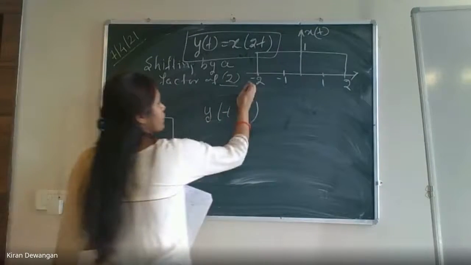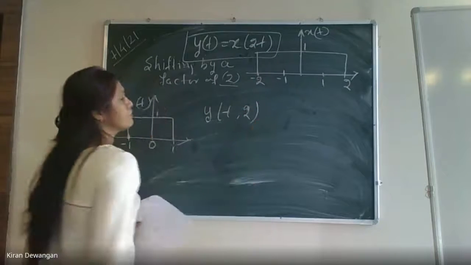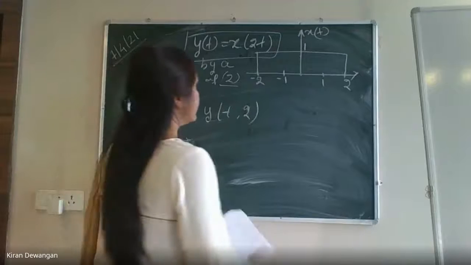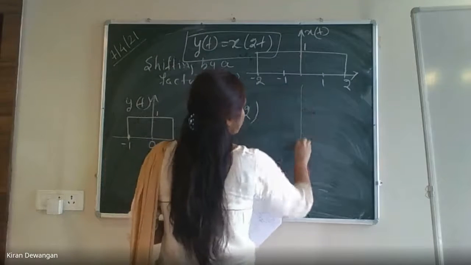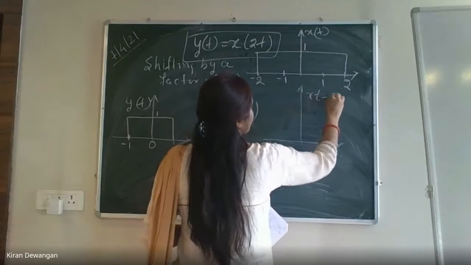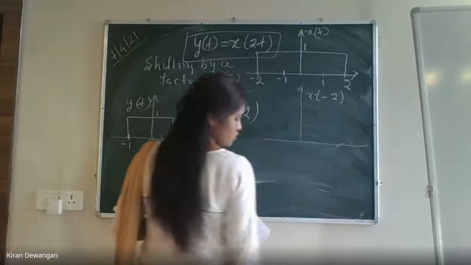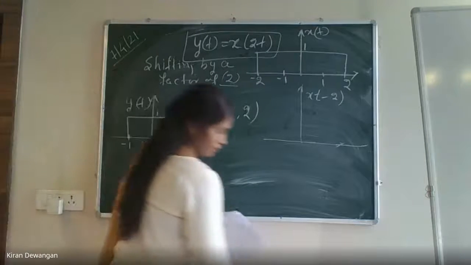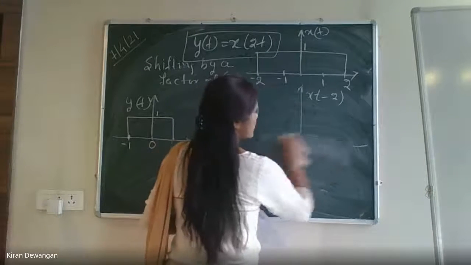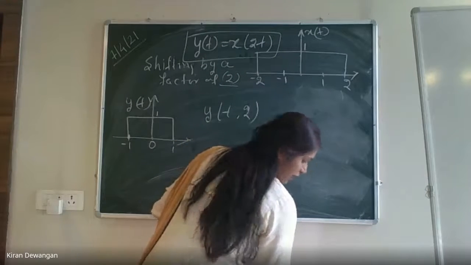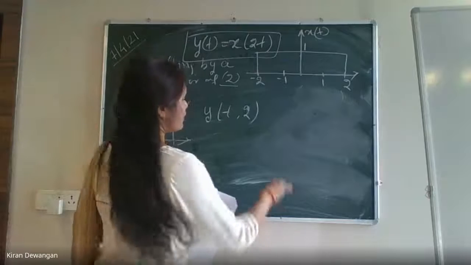शिफ्ट इन इनपुट. हम कितना शिफ्ट कर रहे हैं, we are shifting the input by 2. Now let us plot x of t minus 2. How will the shift be? Yes anyone, just turn on your mic and give me the answer.